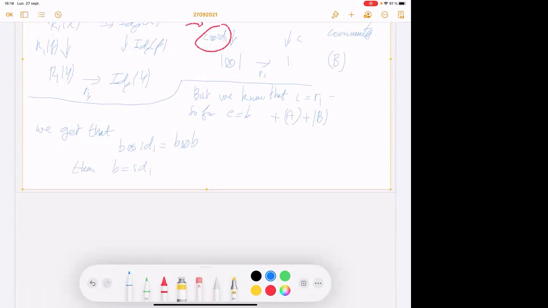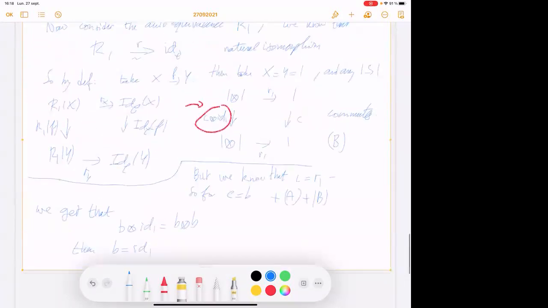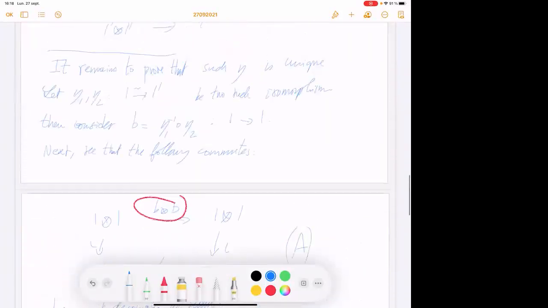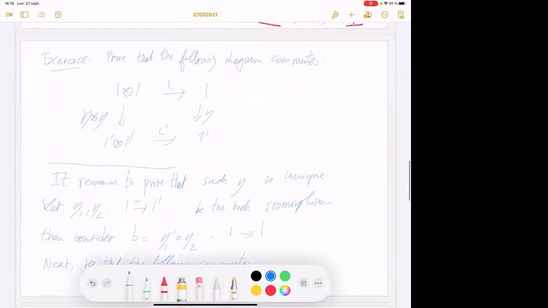So y we can simplify. Why we can simplify by that. So B is an isomorphism.